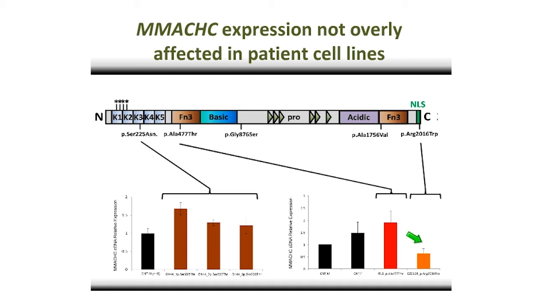When we went back through the clinical records, we also obviously asked whether there was any evidence of vitamin B12 deficiency. And the clinicians came back to us and said that essentially there was no evidence, except for, again, this nuclear localization variant, where there was a transient bout of vitamin B12 deficiency that ended up fixing itself.